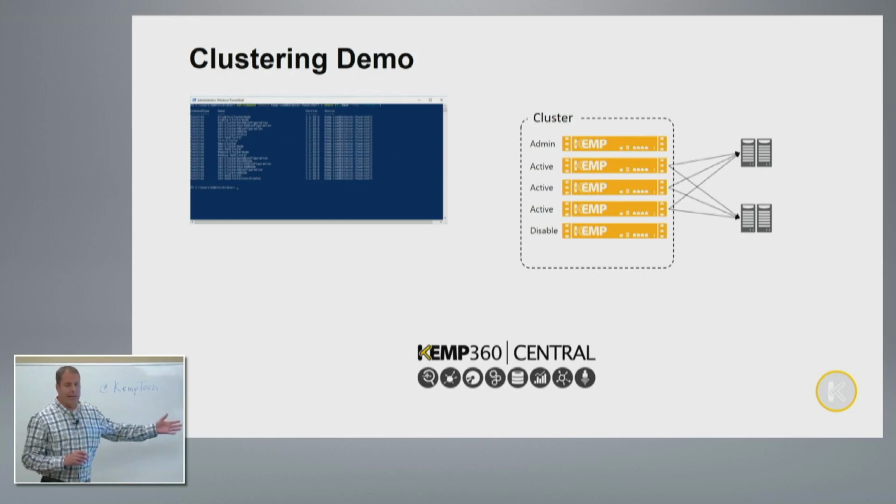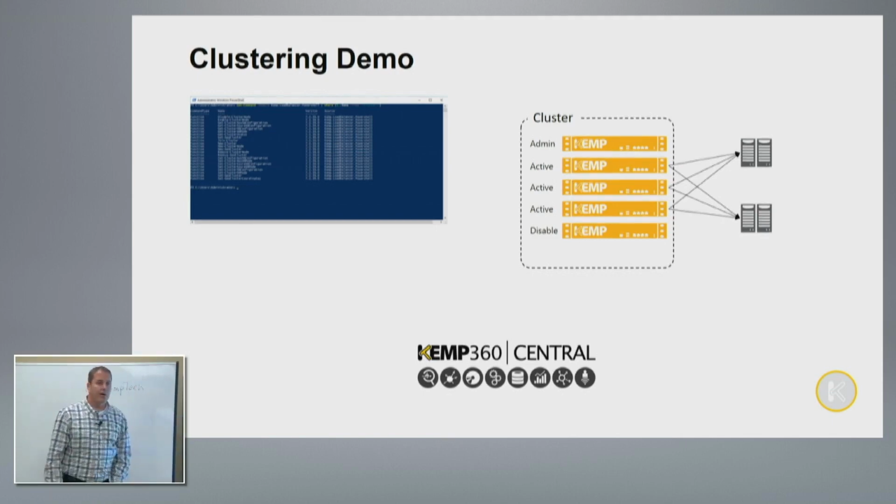I wasn't going to do that again in this demonstration. In this demonstration, I already added the disabled node 5 to the cluster and am able to toggle that through PowerShell. And then all of a sudden, traffic's going to start pushing through there. But again, time permitting, I want to make sure we get through enough KEMP 360 Vision, if that's okay.